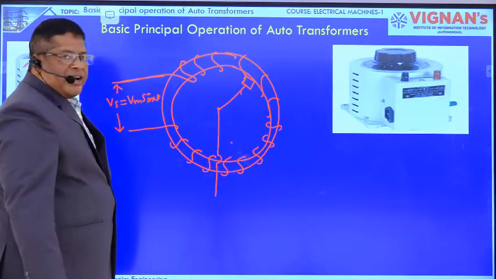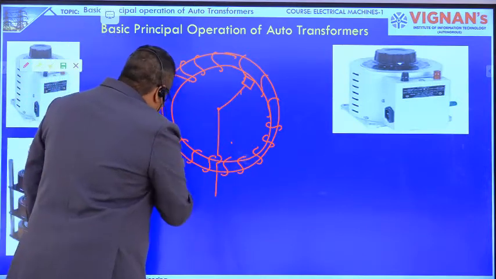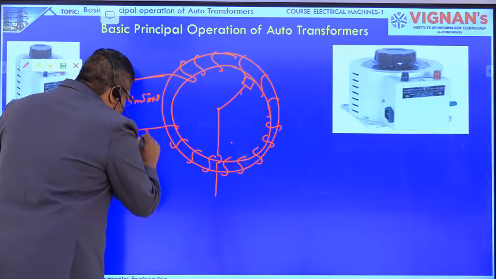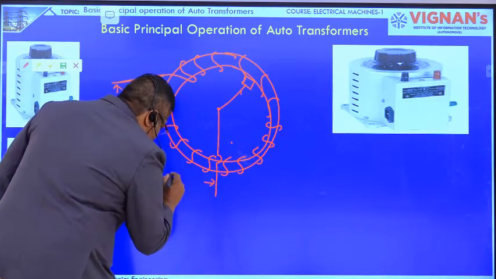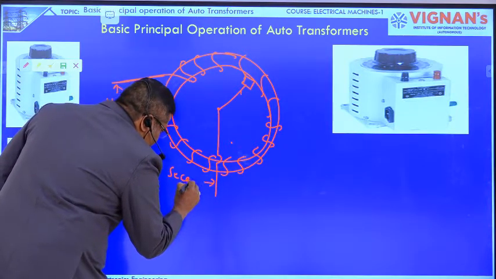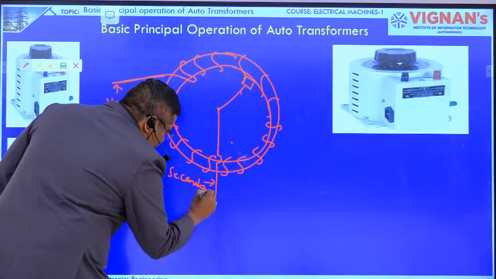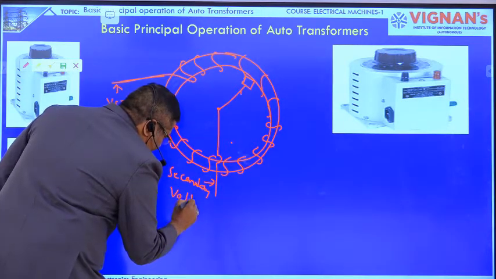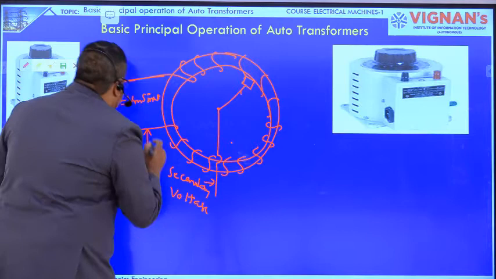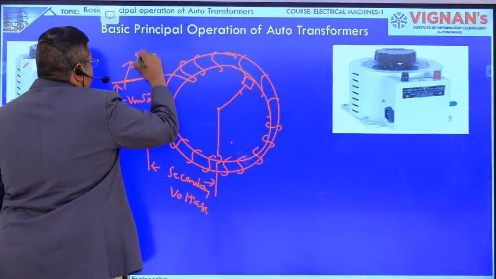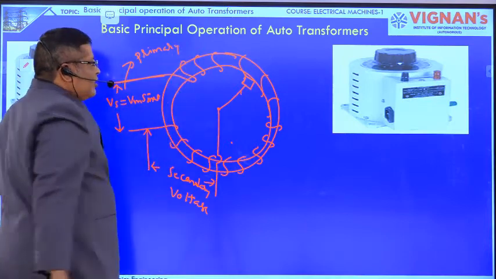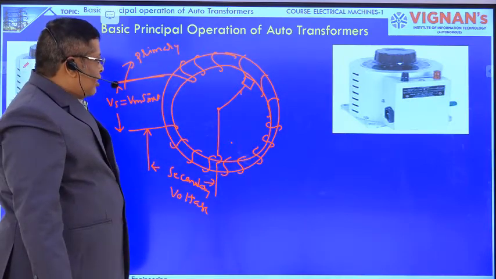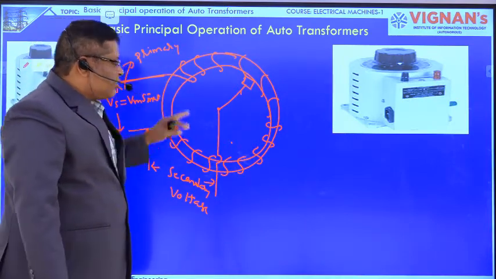Now the voltage across this point and this one, we take as the secondary voltage. This is the primary. If you see the circuit diagram, only one coil is there.